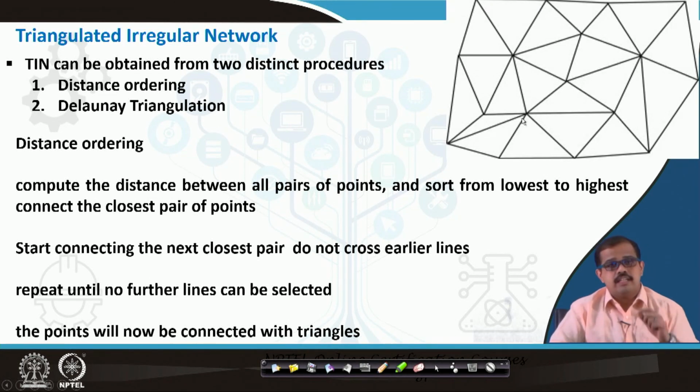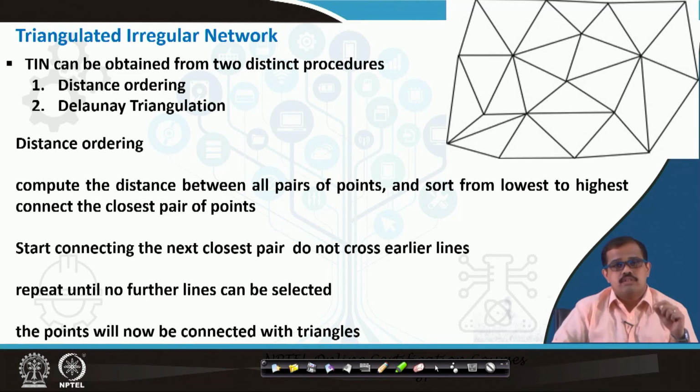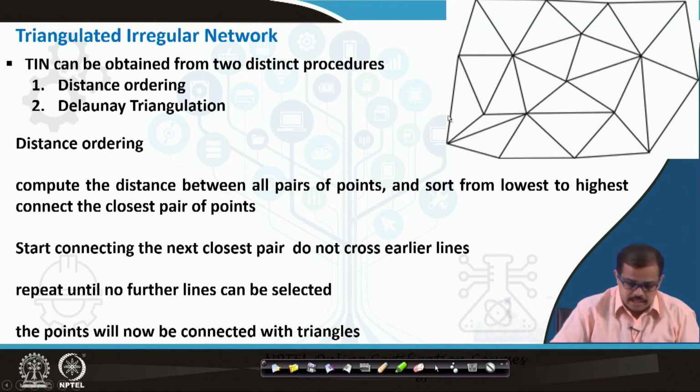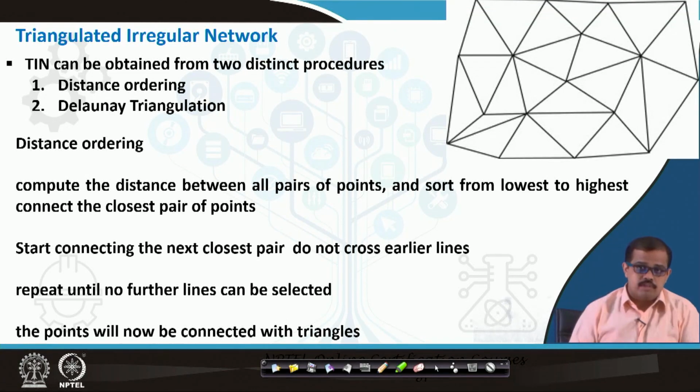Then start connecting the closest pair that do not cross earlier lines. The only thing you should remember is that in this kind of network the lines should not cross each other. So, we will connect this, then connect these two so that it does not cross. Repeat this procedure until no further lines can be selected in the entire network.